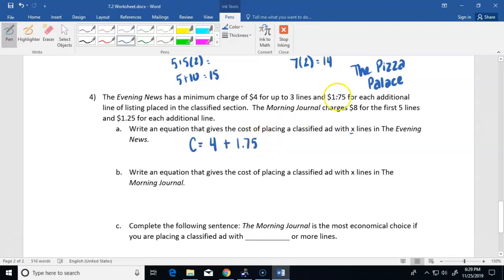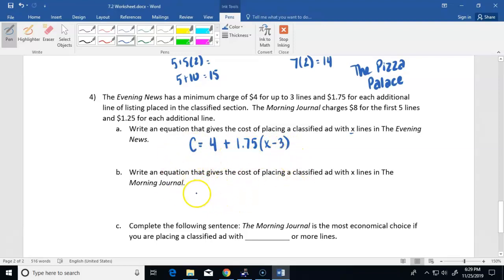However, if I only have 1 line, they don't charge me that $1.75. That's just included in my $4. So right here I have to put some parentheses and say x minus 3, because x is my number of lines. And I have already paid for the first 3 lines, so I don't want to include those in the ones I'm charged $1.75 for. So this would be our equation for A.